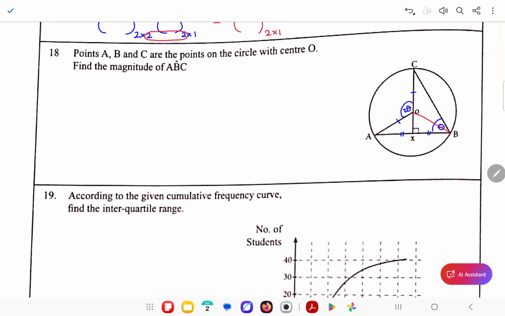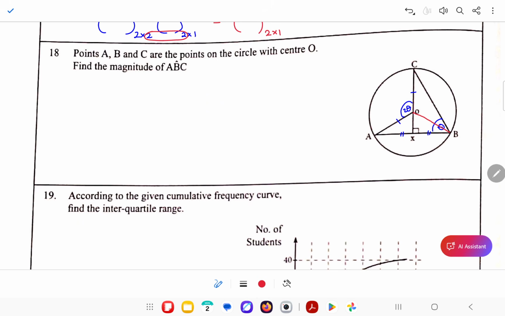Let's connect these two, does it help? Yes, no. Let's see. So OA, OB, OC is also radius, right? So we'll connect this also.